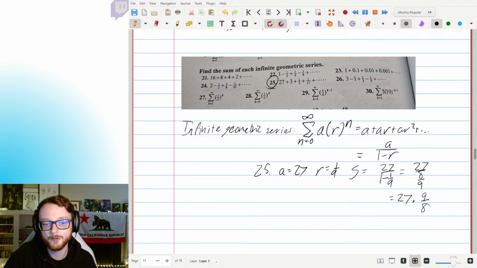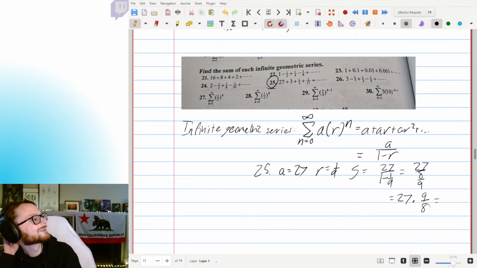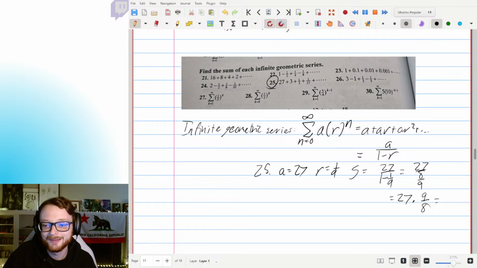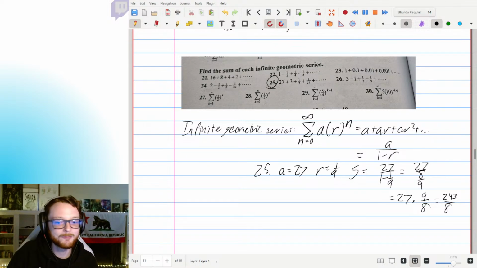And that doesn't simplify, does it? 243 over 8 is our answer. Annoyingly. If it's a finite geometric series, there's a different formula.